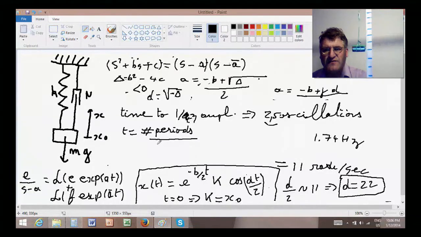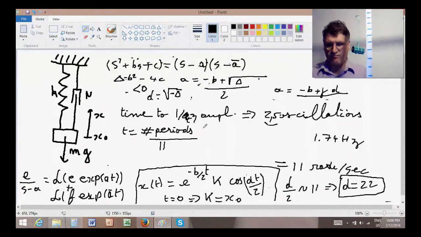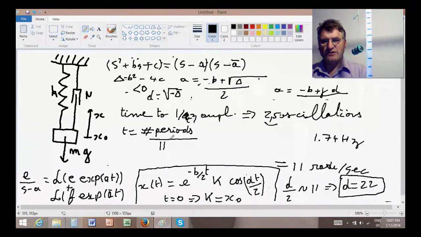In that case, the frequency expressed in radians per second gives us the number of periods divided by 11. So we have the time is equal to the number of periods divided by the frequency.